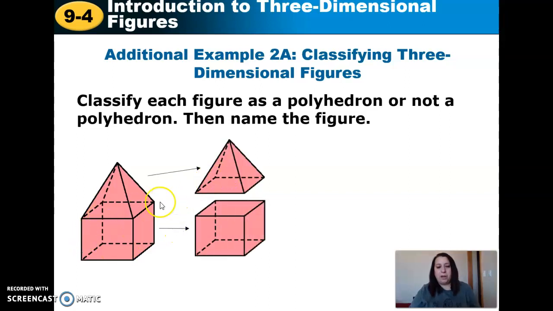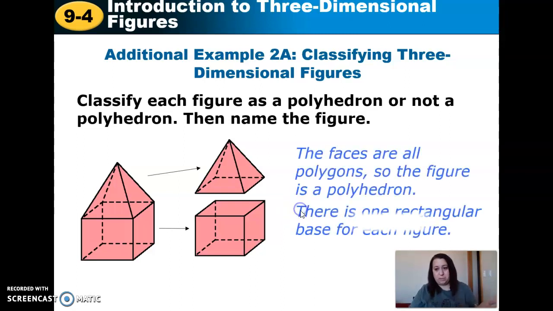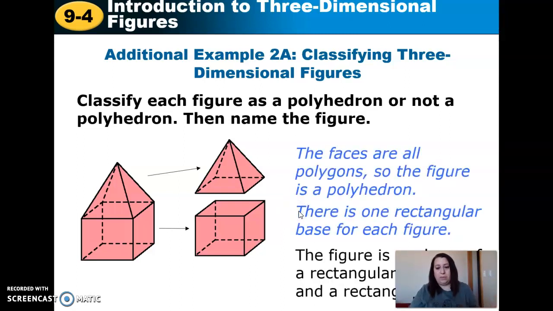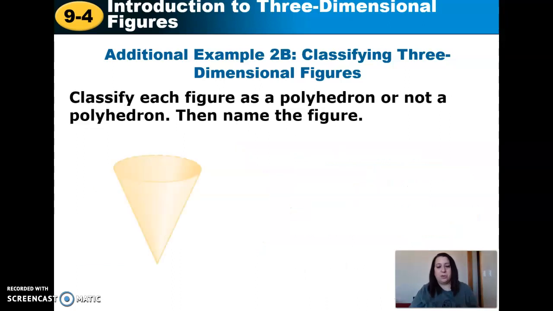If you break them up, you notice you have a rectangular prism on the bottom and a rectangular pyramid on top. Both of them are polyhedrons, so guess what? The shape is a polyhedron. We can't really name it as one name, but we can name it as a figure made up of a rectangular pyramid and a rectangular prism.